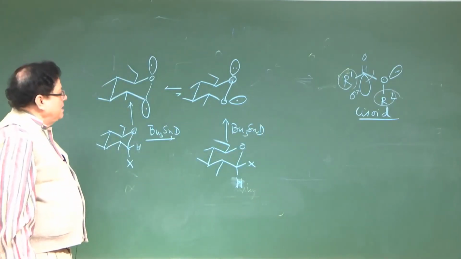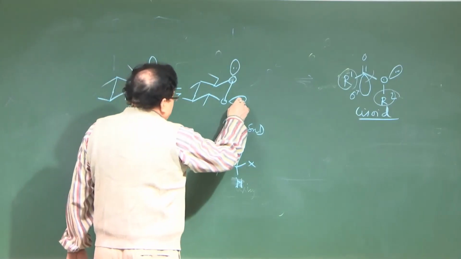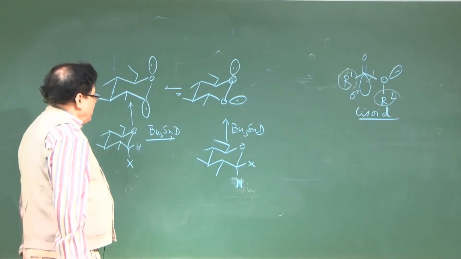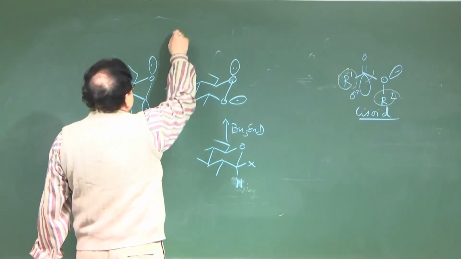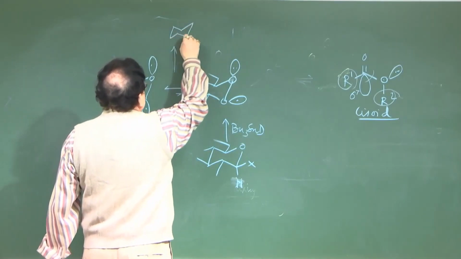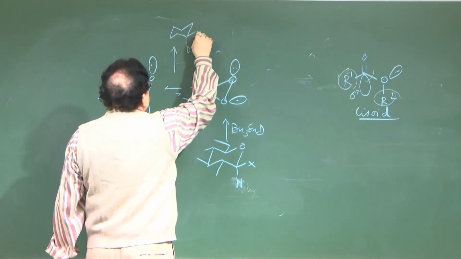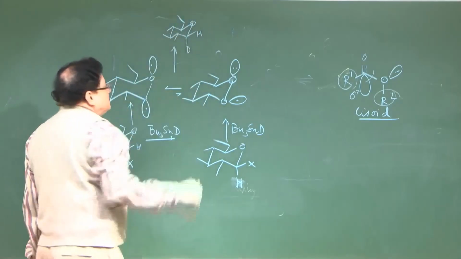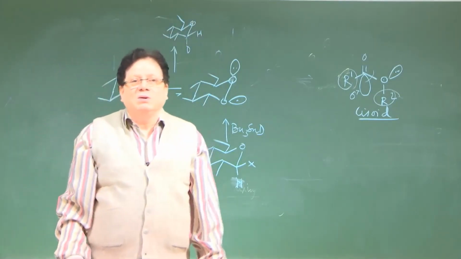Okay. So, the first radical that will be formed will be the equatorial radical, then there will be equilibration, and the final product that they got is this. The final product that they got is this, and the deuterium.